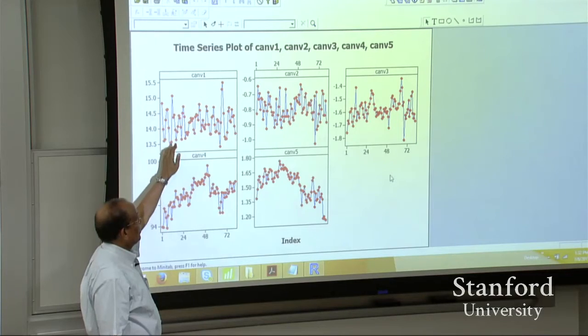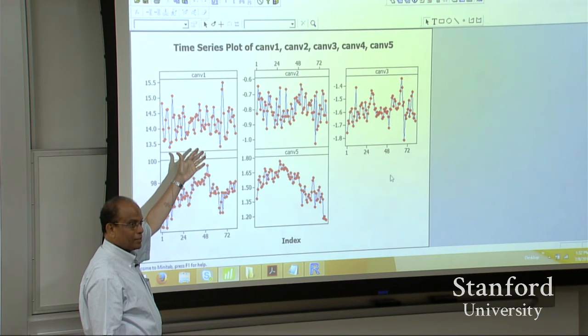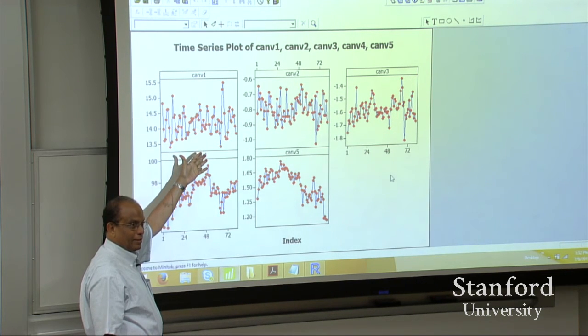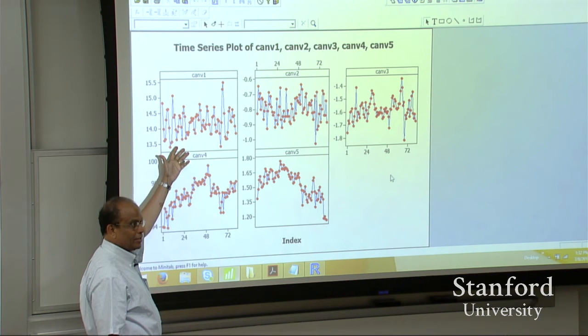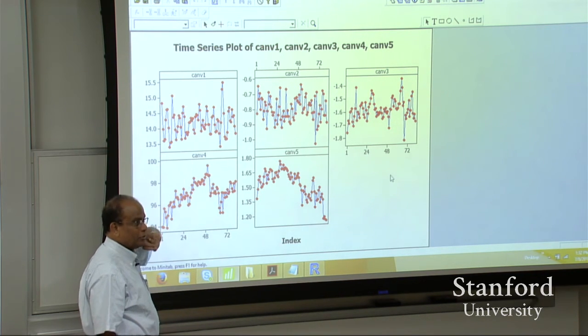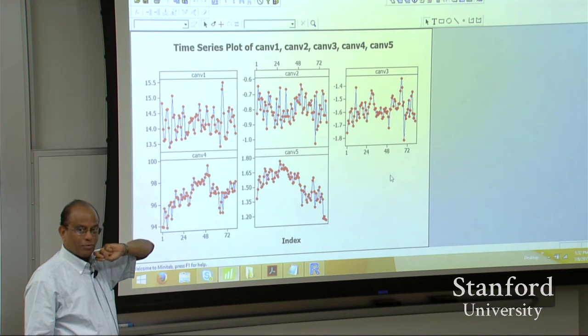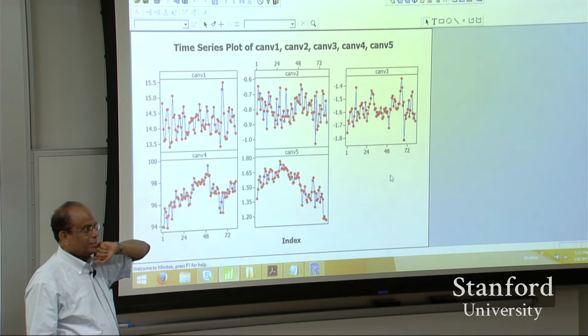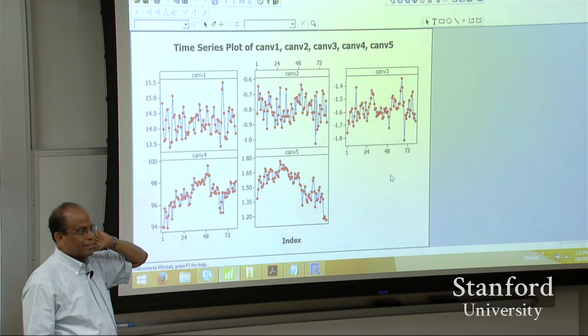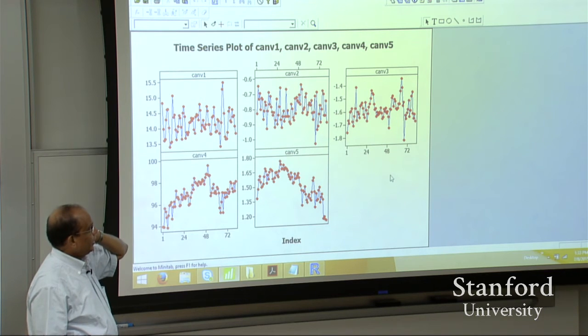Whenever this combination exceeds some value, that means we are going to make a trade. In pairs trading, essentially this is what is done. You look at 2 series that are moving together and you find some combination that is stationary and use that information to trade. That's the idea. Any question on this?